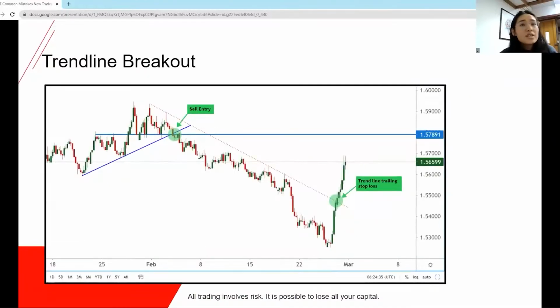Okay, next we have trendline breakout. If we're looking at the same example but with a different technique now, here we have a descending trend line. Just for recap, make sure that for a valid trend line, we have 3 touches. For a descending trend line, we want to make sure that there are 3 significant touches on the underside of the trend line.